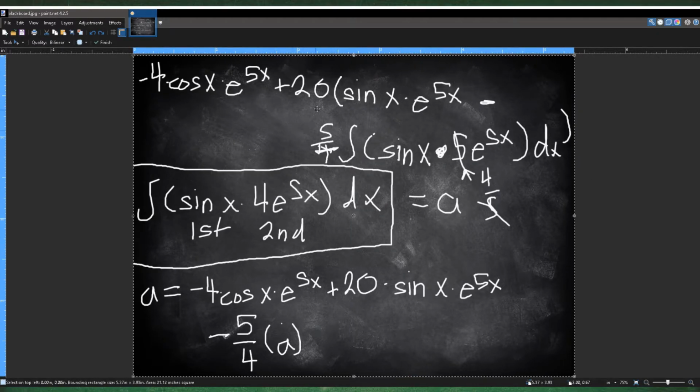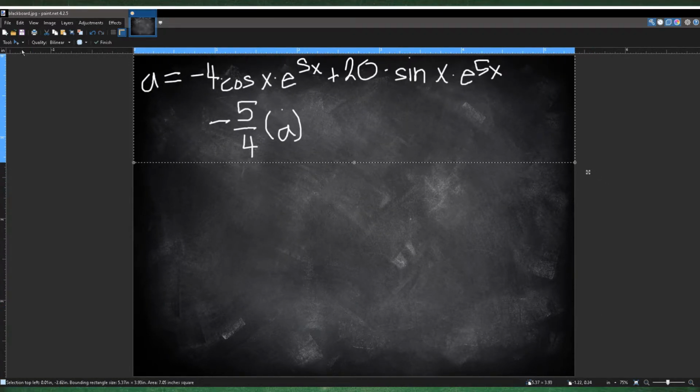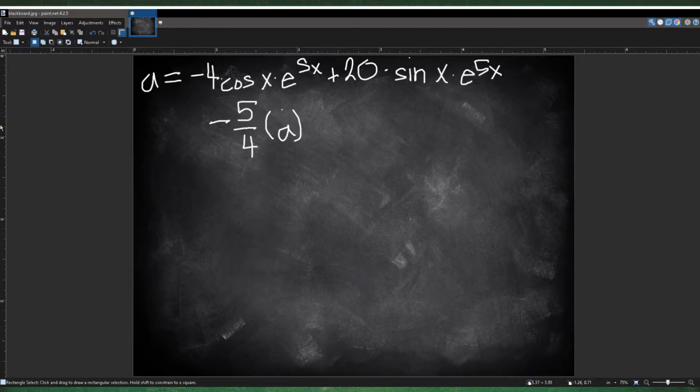Oh yeah, I forgot. Since this is all in parentheses, we have to multiply the 20 also to here. Sorry about that. So when we multiply the 20 back into here, that is negative 25, because 20 times negative 5 over 4 is negative 25.